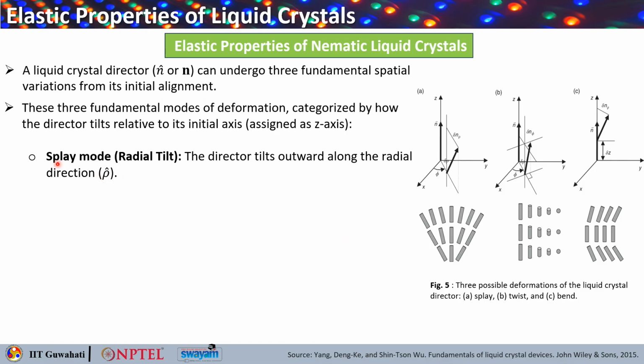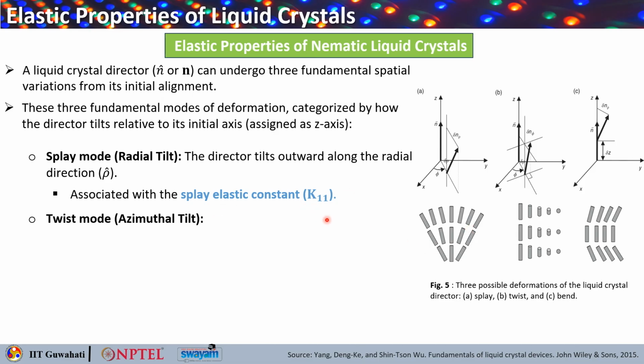One is called the splay mode, that is the radial tilt. What is the radial tilt? The director tilts outward along the radial direction. This is how it can tilt, and it is associated with the splay elastic constant K11. The next one is called azimuthal tilt. Here the directors get tilted in the azimuthal direction, so there is a twist.